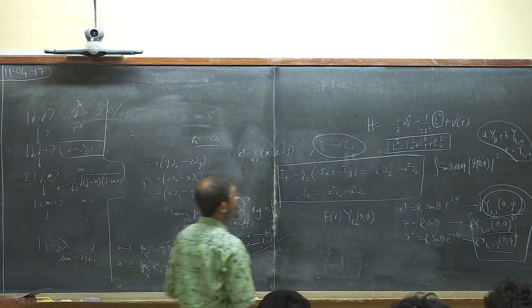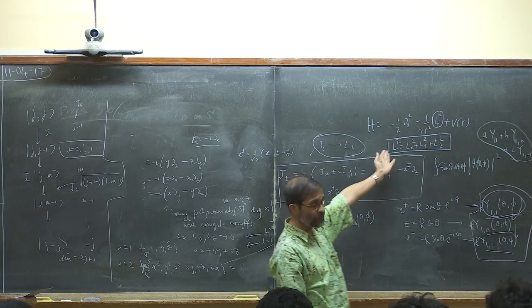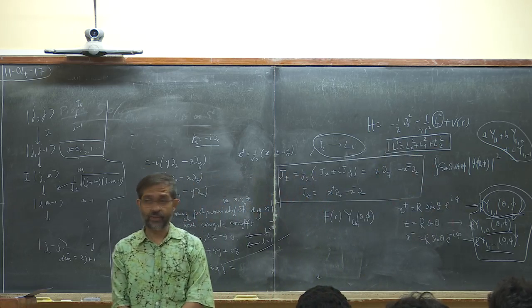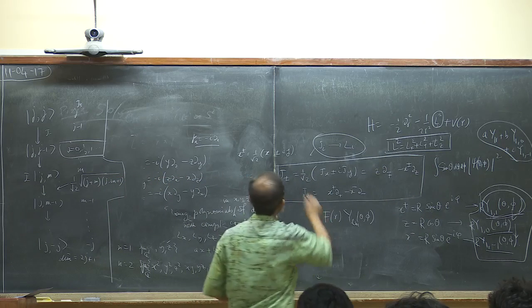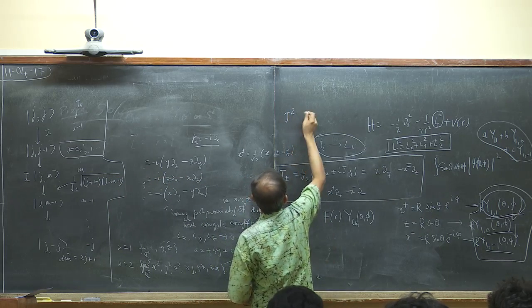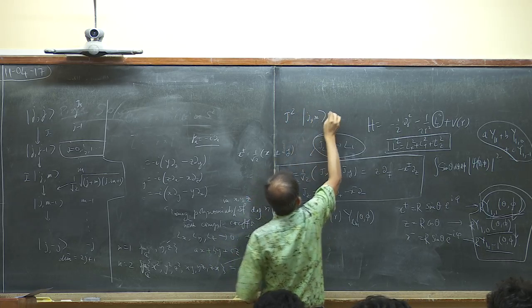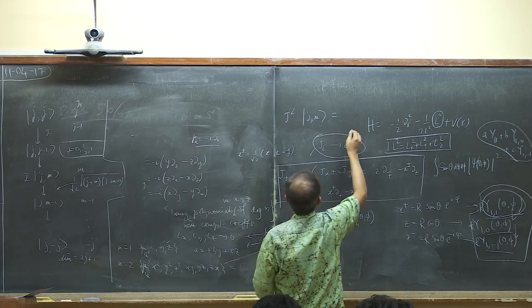If you evaluate this L square on the spin L representation, or if you evaluate J square on the spin J representation, then what does it become? J into J plus 1. So generally speaking, J square acting on any Jn, that just follows from what we did last time.